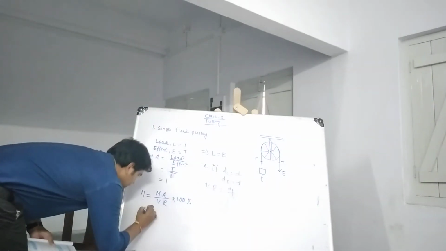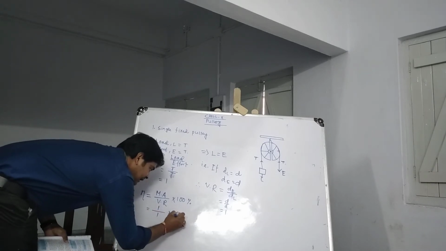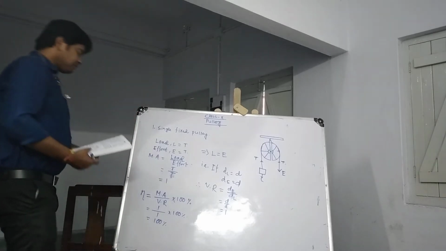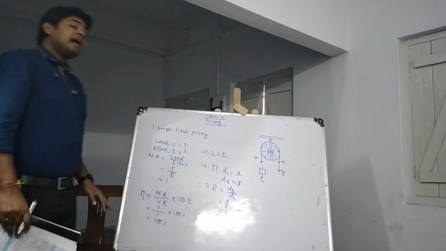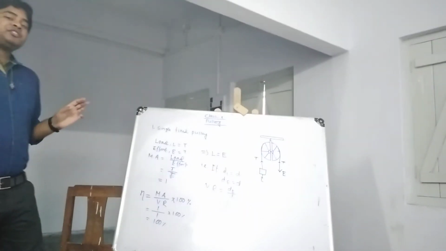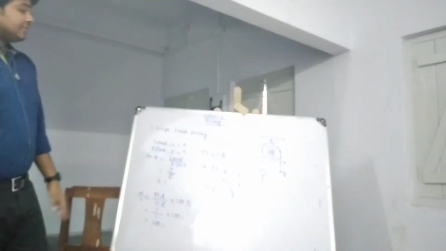Now, what are the velocity ratio and mechanical advantage? Both are the same, so we will get 100. That is, the efficiency is 100%. But this is for the ideal case. For an ideal machine, the efficiency is 100%.